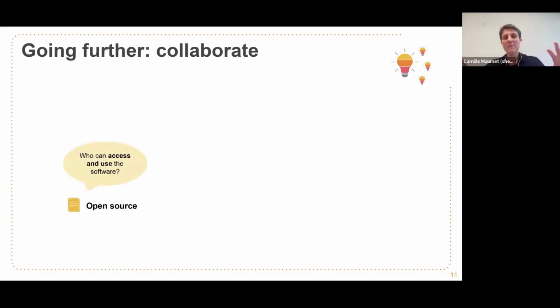So basically we're going to build on the basis that we've covered already. When we have code that is open source, how can we bring people to collaborate? Open source really defines who can access and use the software, because the license gives the right to use the software.